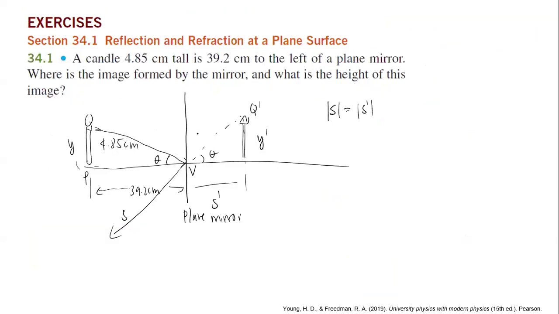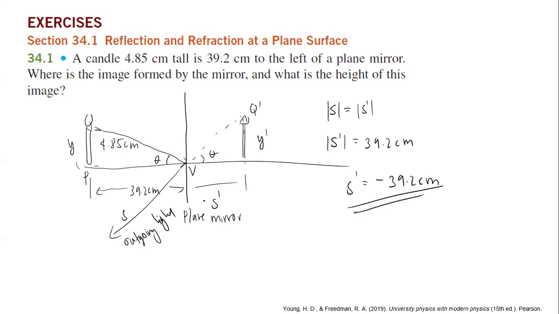However, in this case, it's not on the same side as the outgoing light. So even though the magnitude of s prime is 39.2 centimeter, s prime is actually equal to negative 39.2 centimeter. It is located 39.2 centimeter on this side.